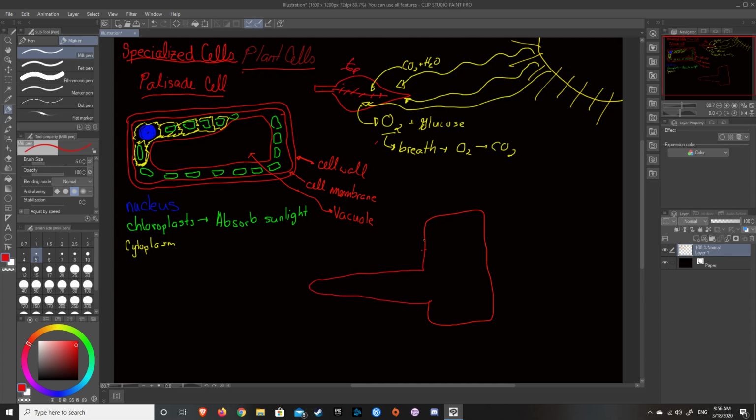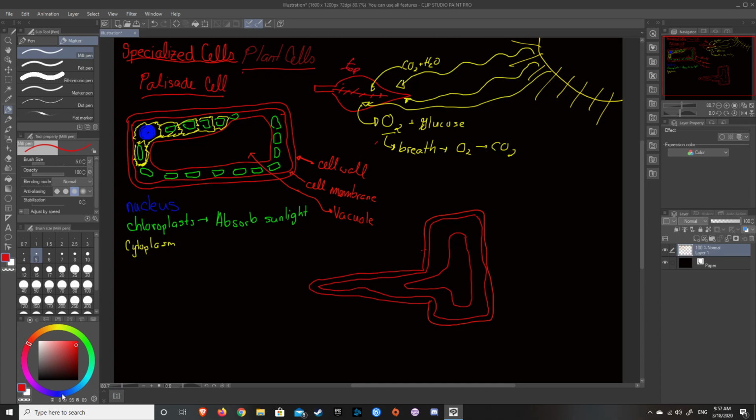So I would say on the outside is the cell wall. On the inside of the cell wall is the exact same thing, the cell membrane on the inside of the wall. Ooh, I done goofed. There we go. And inside that, we've got the vacuole, which gives it the rigidity.